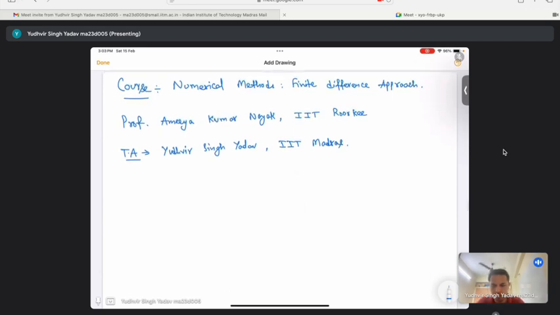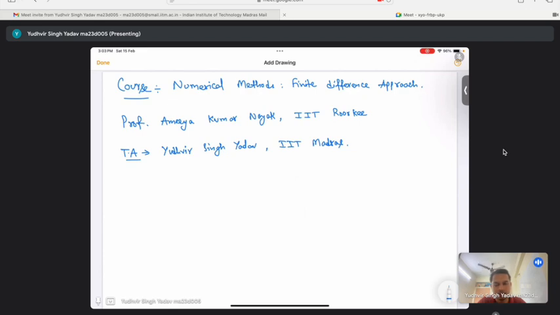So this is our fourth tutorial. In the previous tutorials, we have discussed different finite difference schemes in order to solve partial differential equations, why they are necessary and more efficient, and what the benefit is. Then we discussed some finite difference schemes to solve parabolic partial differential equations, or heat equations.